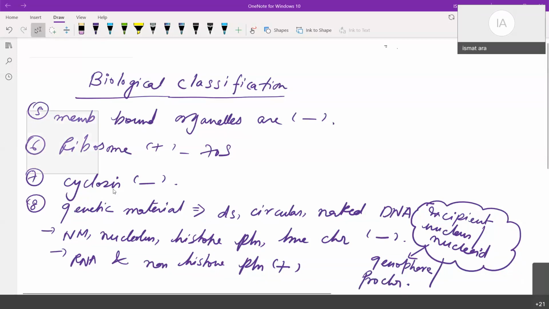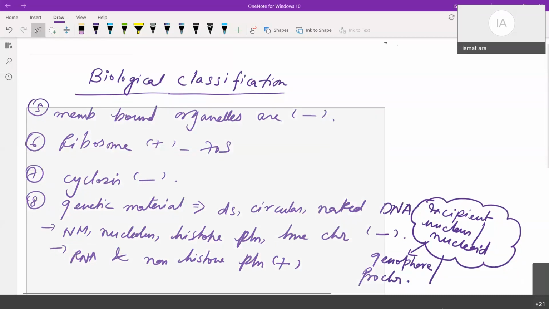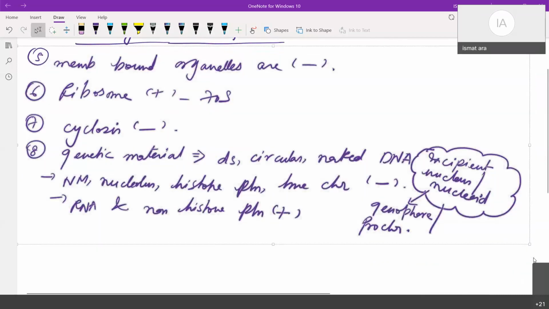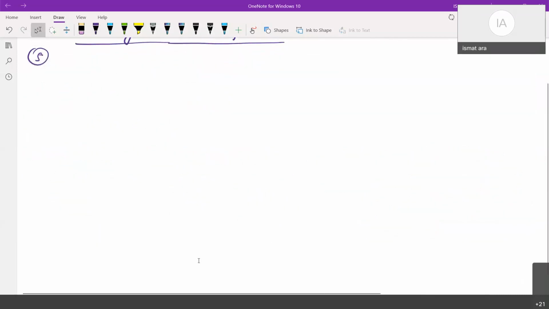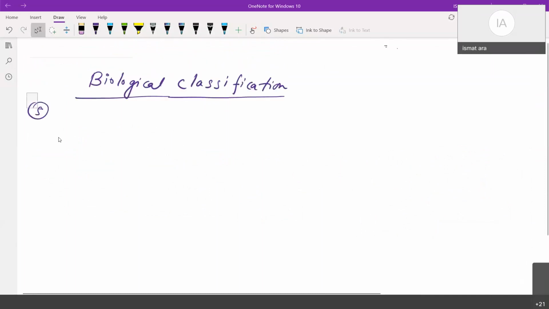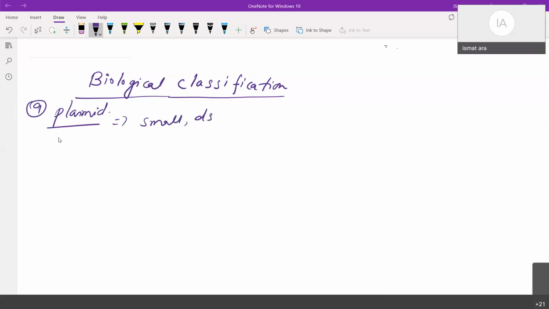In the diagram, I have taught one extra nuclear material is also present. What is that extra nuclear material, students? That is plasmid. They are also small, double-stranded, circular DNA.